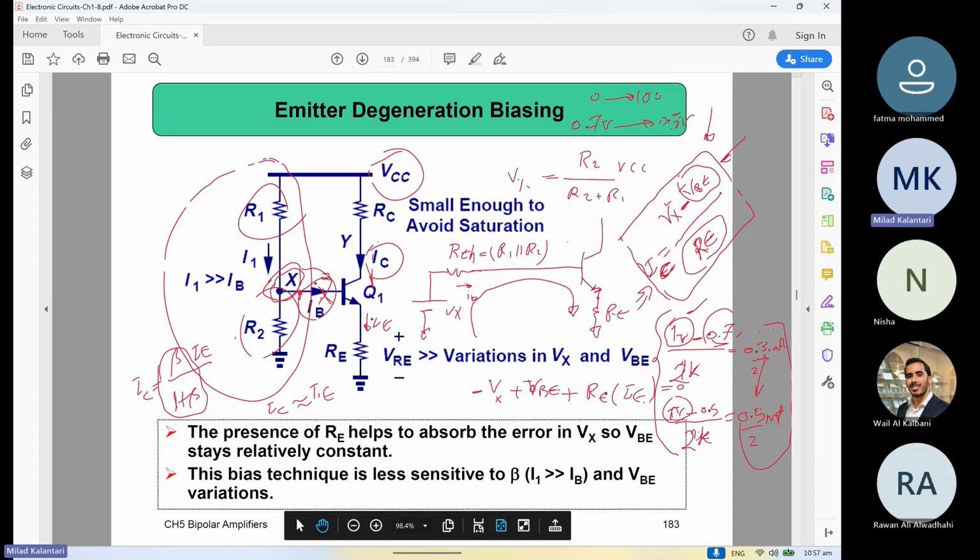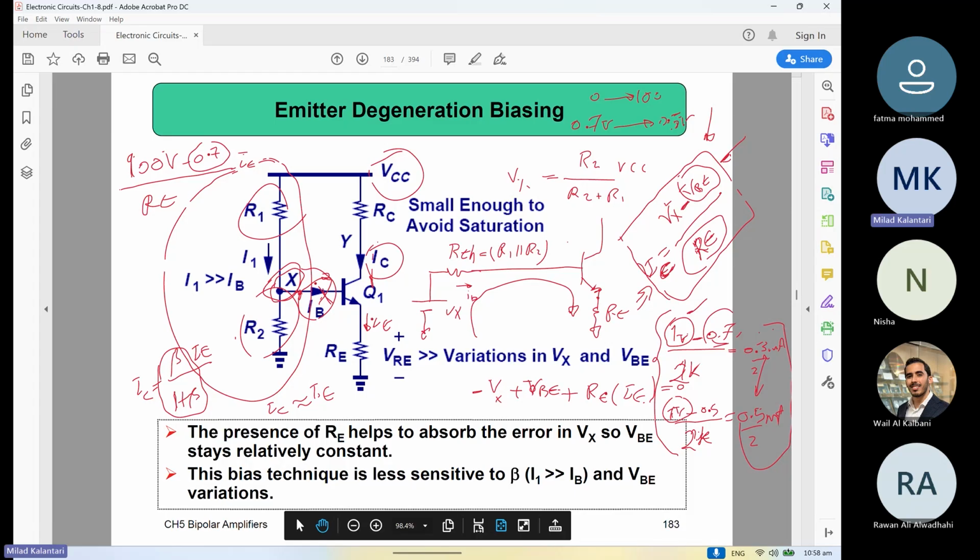Just a very harsh example: if I put this Vx very big, like 100 volt, then the VB is not changing, right? It's only 0.7 volt. And you put some RE, you get some IC value, right? And then even if this VB changed to 0, you are comparing this voltage with 100 volt, so the current is not going to change too much. Is it clear?